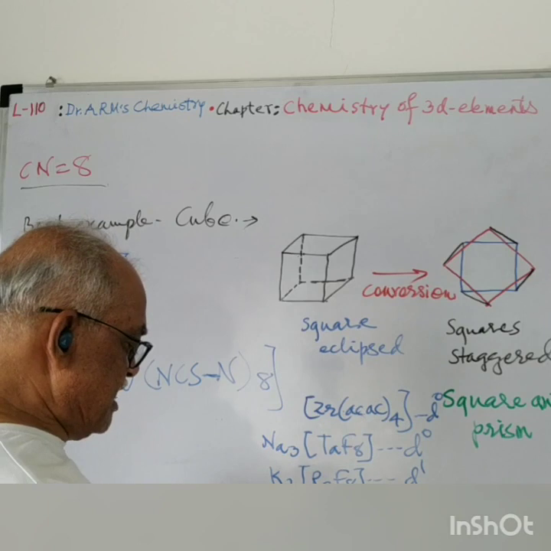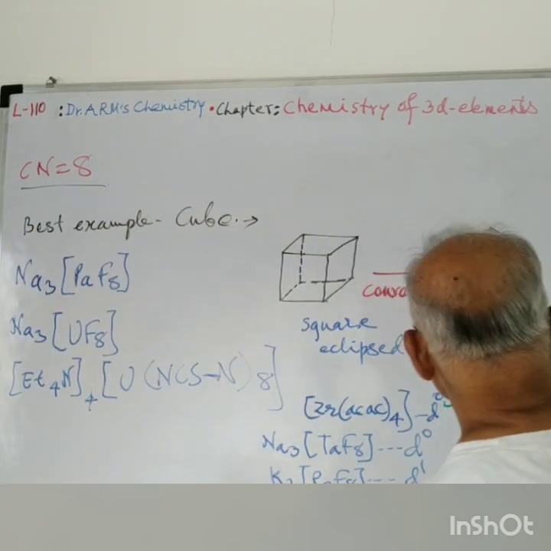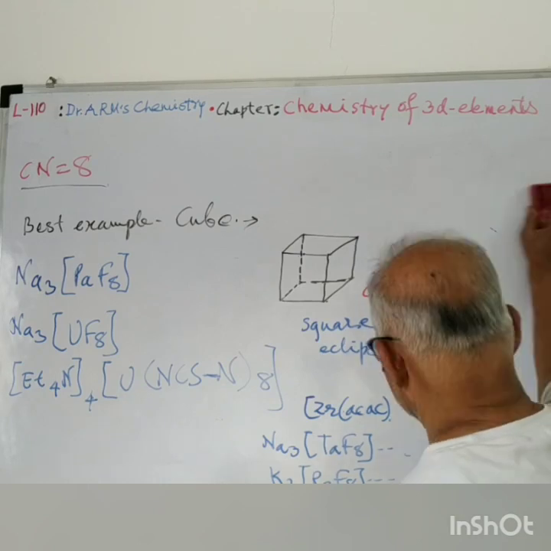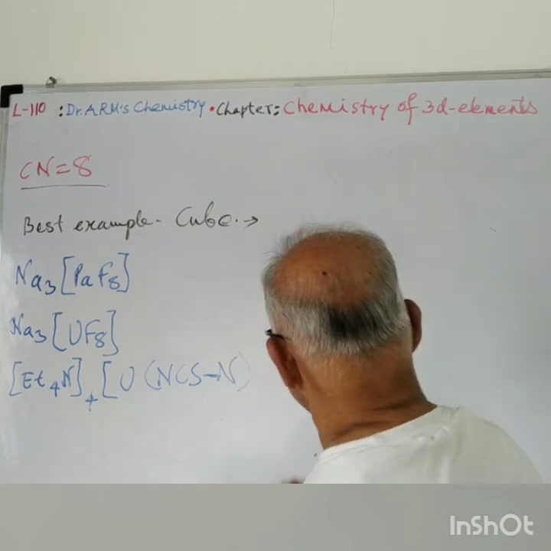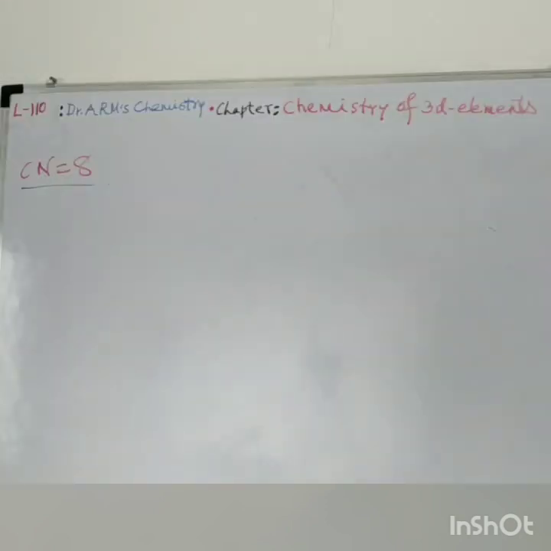Then idealized 8 coordinate structures. We will see other idealized 8 coordinate structures. We have seen the square antiprism already in the above examples, but it can be viewed in a different way.